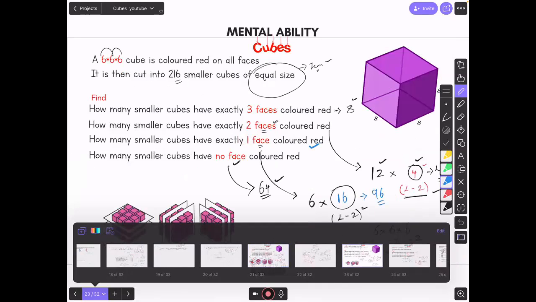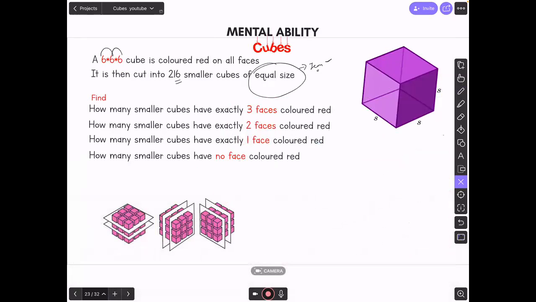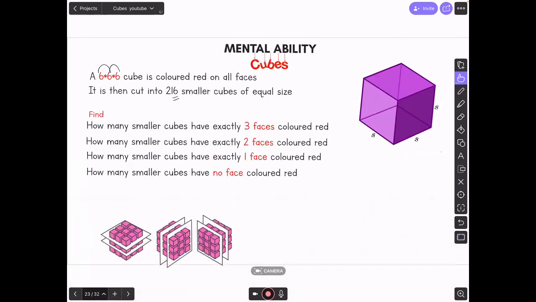Now it's a 6 centimeter cube and I'm not telling you anything. Just use the formula. Don't even think of a diagram here now. You will not be able to visualize. Just use the formula and tell me the answer.